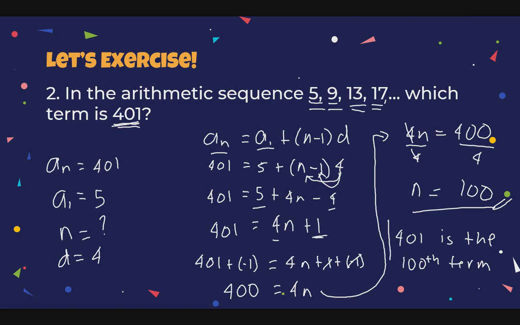So ibig sabihin, kapag nag-plus 4 ka ng nag-plus 4 sa sequence na to, 5 plus 4, 9 plus 4, 13 plus 4, 17 plus 4, and so on, yung pang 100 na term ay 401. Okay.